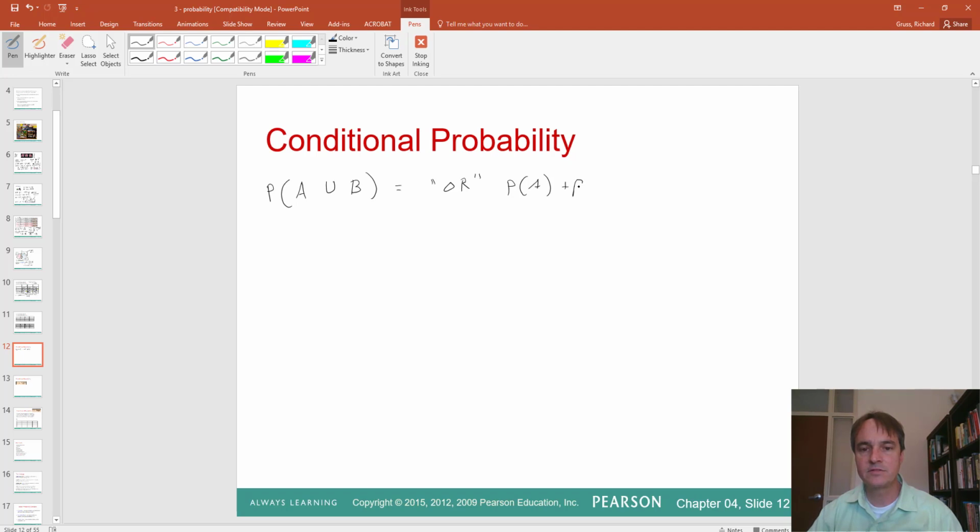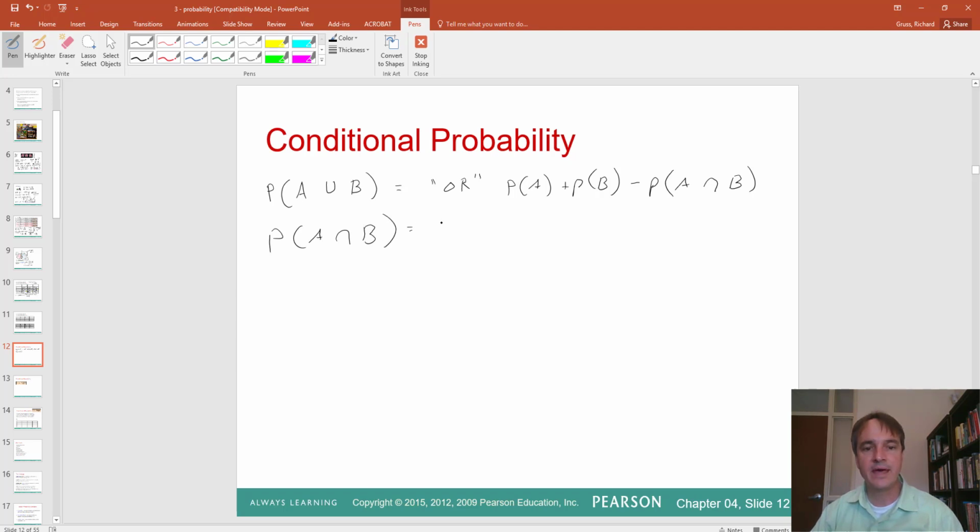Once again, real quick, it is probability of A plus probability of B minus the probability of A intersect B. Okay, and we looked at the probability of A intersect B also.